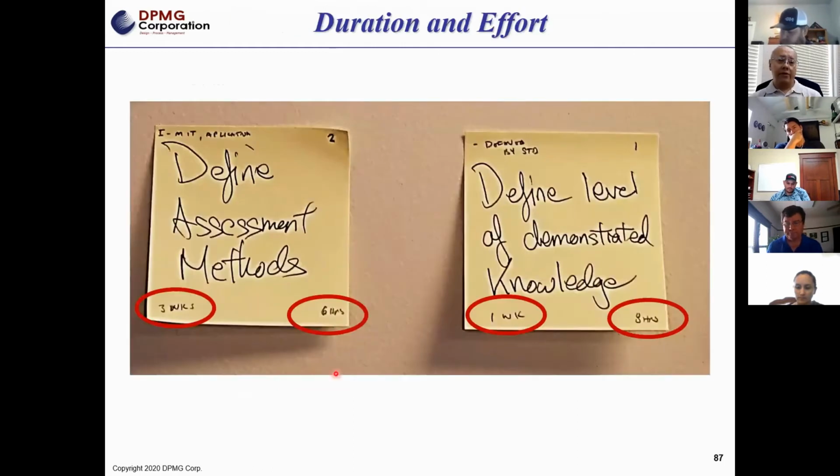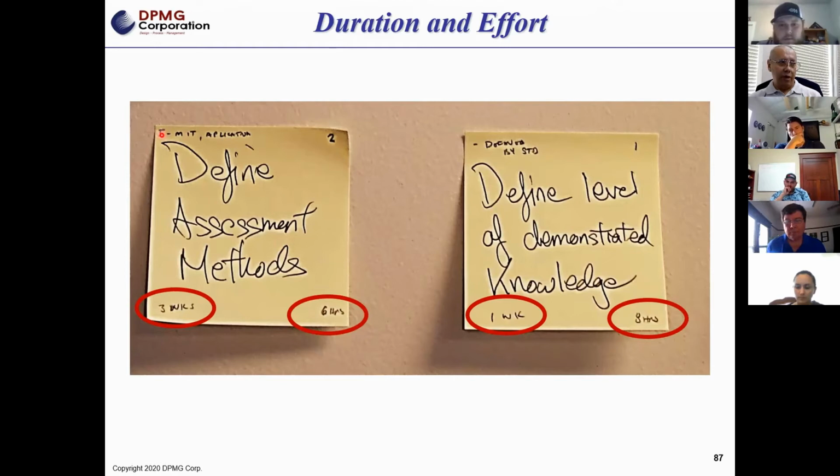Again, back to how this would look normally. We would have total hours. So this one here, 6 hours for 2 people. Basically it's defining the assessment method, and they had a standard, so it wouldn't take very long other than some modifications. So 6 hours for 2 people, 3 weeks, because of the availability of these guys in this particular company.